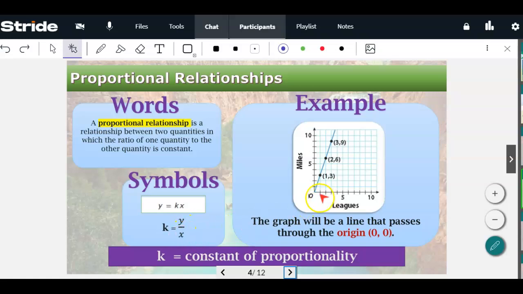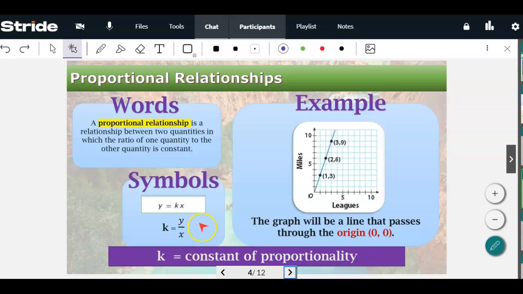Okay, so look at this graph here. It is proportional because it goes through 0, 0, and it has a constant proportionality because the change is the same, and that change is related to slope.